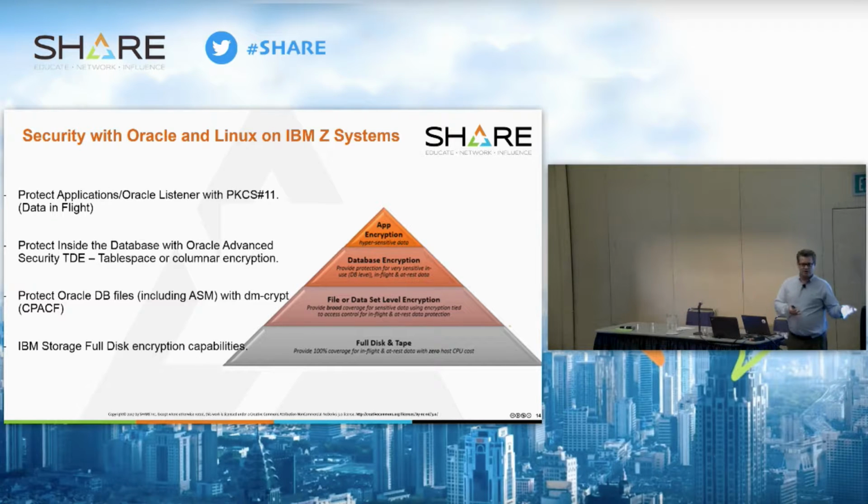Not only can you do it for file system, but Oracle ASM as well, and we'll get into that in a bit. And then you can also go up another tier inside the database. You can even encrypt the table spaces if you want. You can use what's called columnar encryption as well. So let's say you don't want to encrypt the whole database, just maybe a couple columns, like the social security number. You can do that.